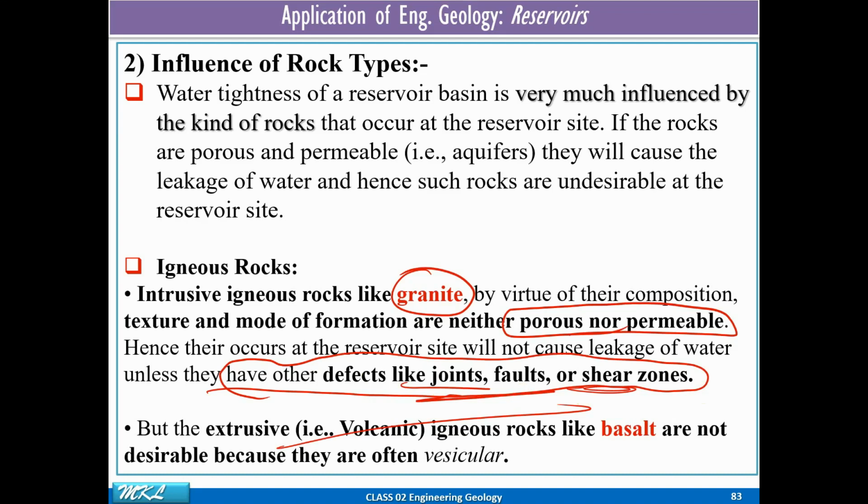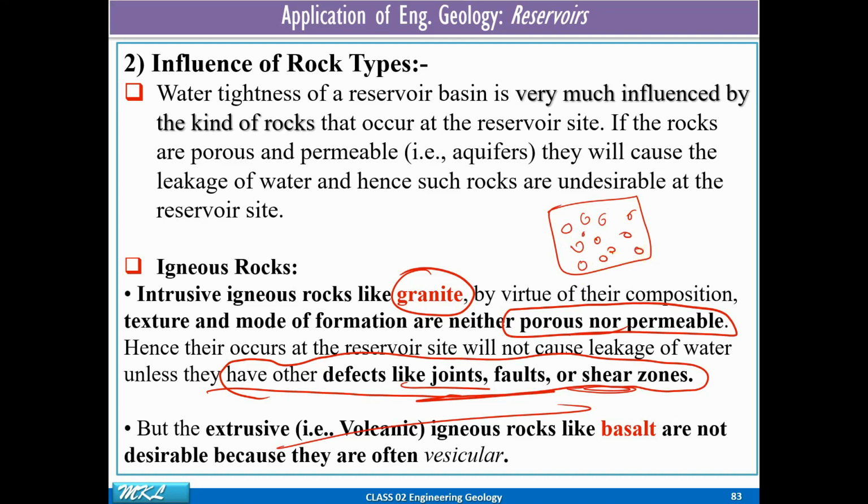In case of basalt, a volcanic rock, बाहर आ जाता है, magma comes out as lava, and it solidifies and makes basalt. Okay, and basalt में क्या होता है, जो गैस एंट्रैप्ड होता है वो निकल जाता है. सो ये तुम लोगों ने पेट्रोलॉजी में पढ़ा होगा, उसमें वेसिकुलर स्ट्रक्चर्स ऐसे दिखते हैं. So due to these vesicular structures, what happened?